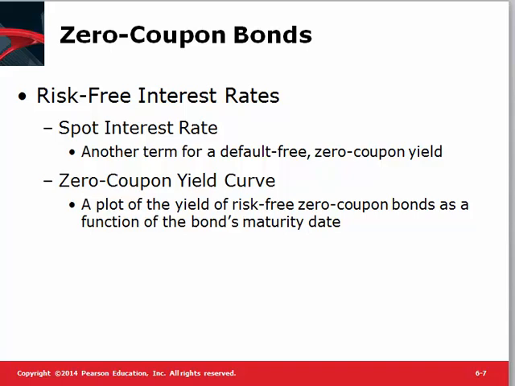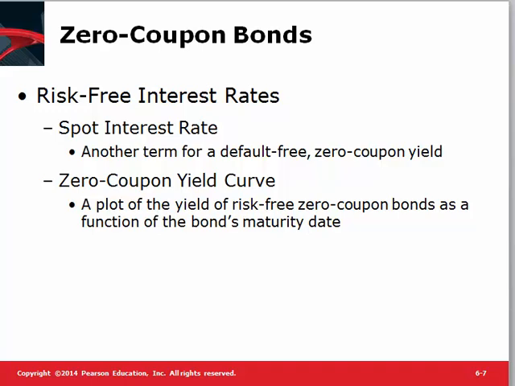What's the risk-free interest rate that we could talk about? Well, we've talked about this conceptually in a couple of the last chapters. But if you go to the newspaper and look up what a treasury security is selling for, what is the yield that you would receive if you purchased it? That's what we refer to as the spot interest rate.